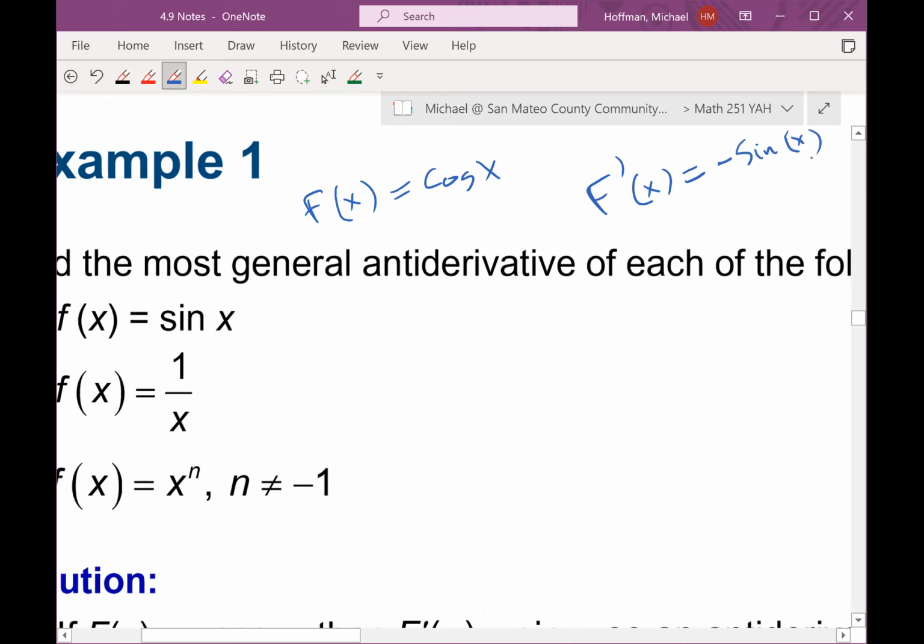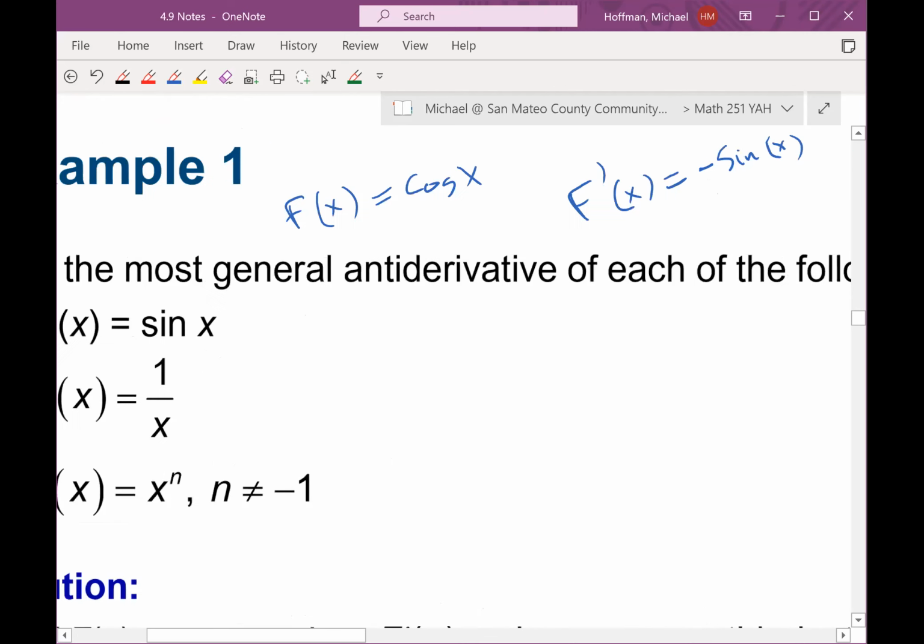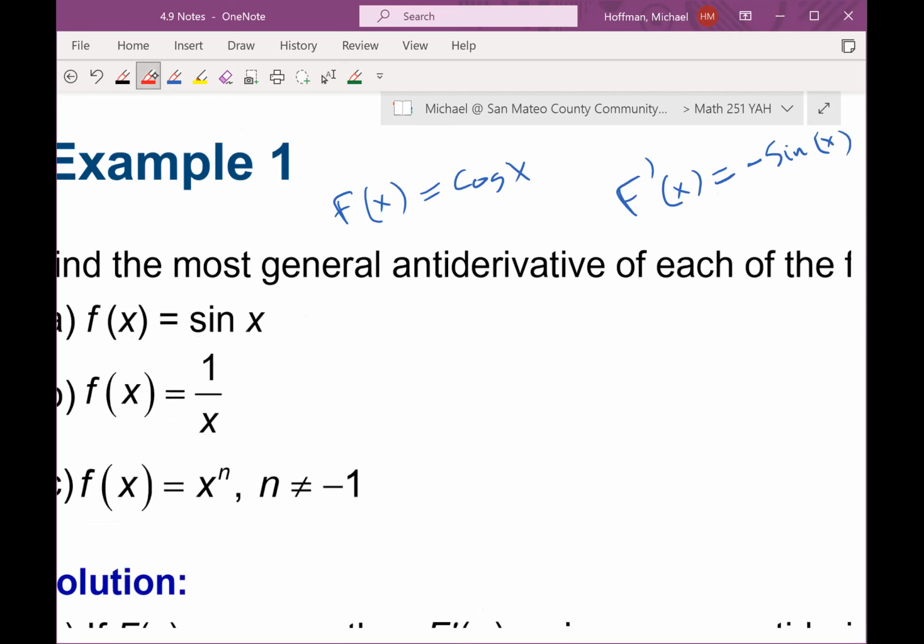Therefore, what I'm thinking is I want this to end up being a plus, right? Because I want my little f of x to equal that. So if this ends up being a plus, I need to put a minus in the original antiderivative.